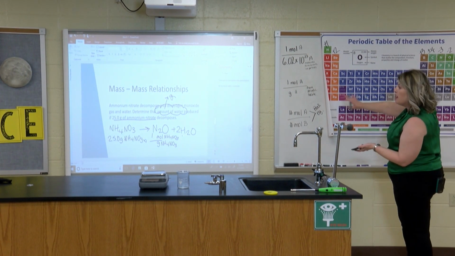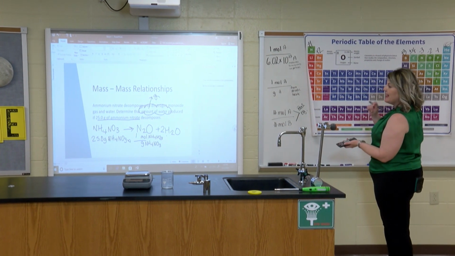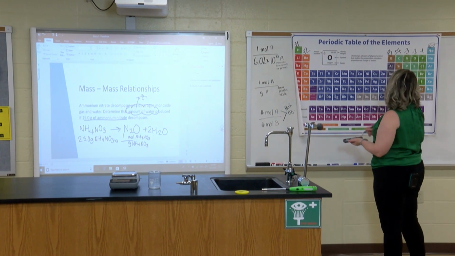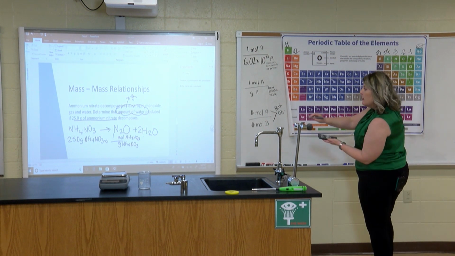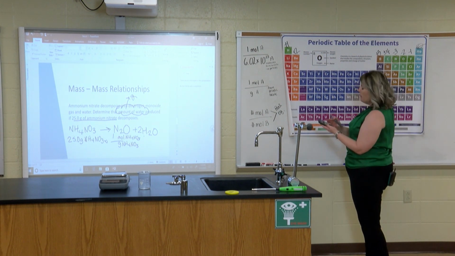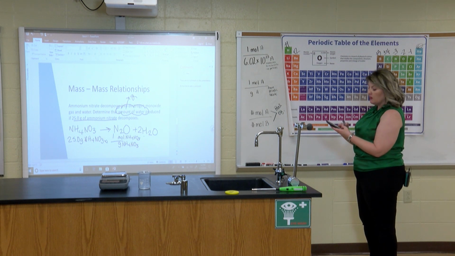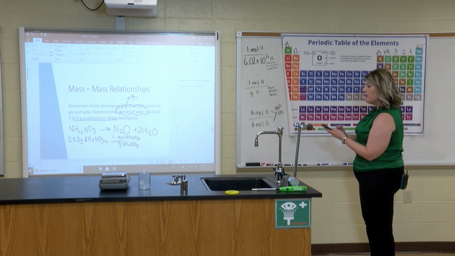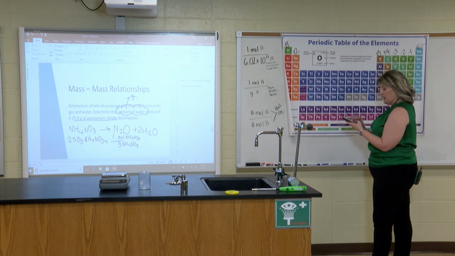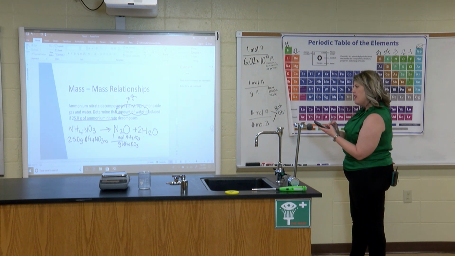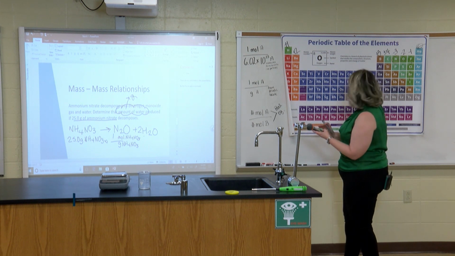So I'm going to go over here to my periodic table, and my formula is NH4NO3. So N is 14.01, hydrogen is 1.01, but there's 4 of them, so we're going to do 4.04. N, there's another N, which was 14.01. And then we have 3 oxygen.